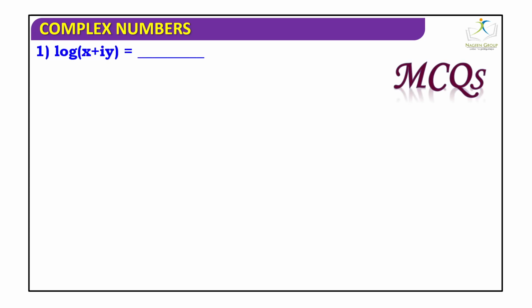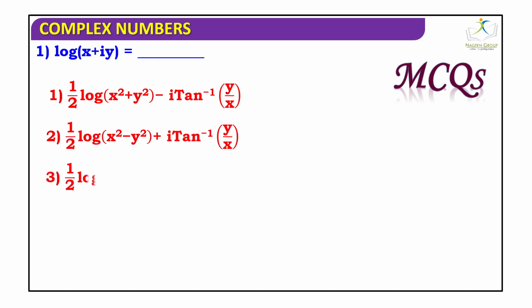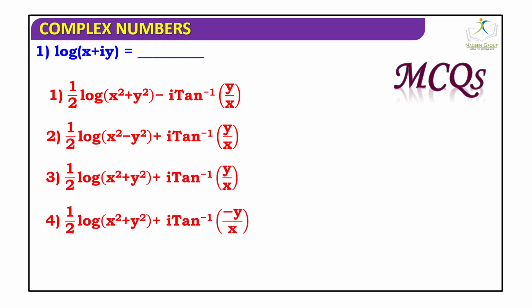Log of x plus iota y. According to it, we have half of log of x square plus y square plus iota tan inverse of y by x. We have derived it, that if we have log of any value, then it will be equal to half of log of x square plus y square plus iota tan inverse of y by x, right?